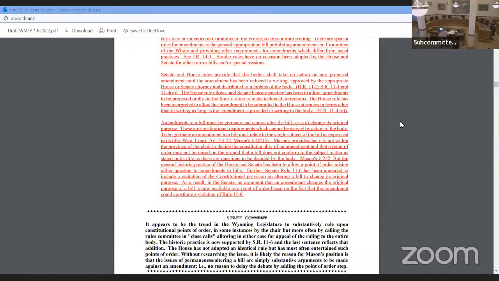Mr. Chairman, the last sentence of the second paragraph, it's also probably a little bit more lenient in the House, just because the House is busier. You have 60 members, now 62, than the Senate. And we've allowed historically, the LSO, when I say we, has accepted, a member popping their head in and saying, hey, I want to change this.